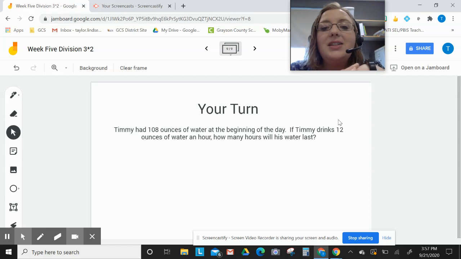If Timmy drinks 12 ounces of water an hour, how many hours will his water last? So are we looking for groups, or are we looking for how many are in the group? Once you figure that out, set up your equation, solve it, and then type your answer in the box.